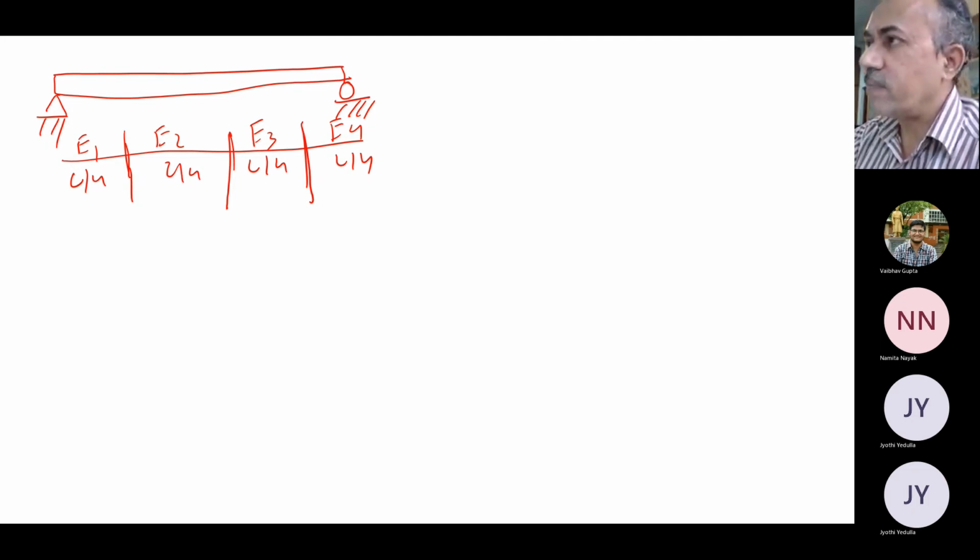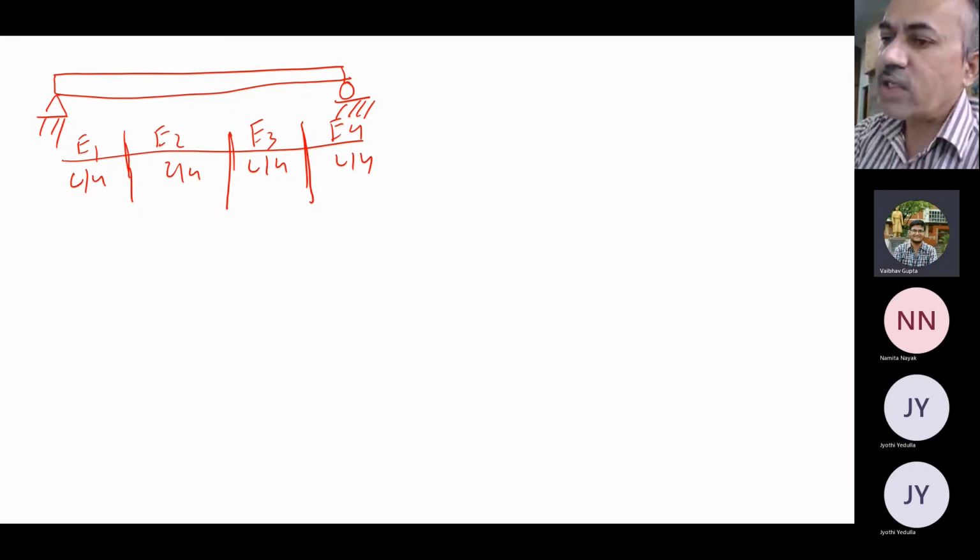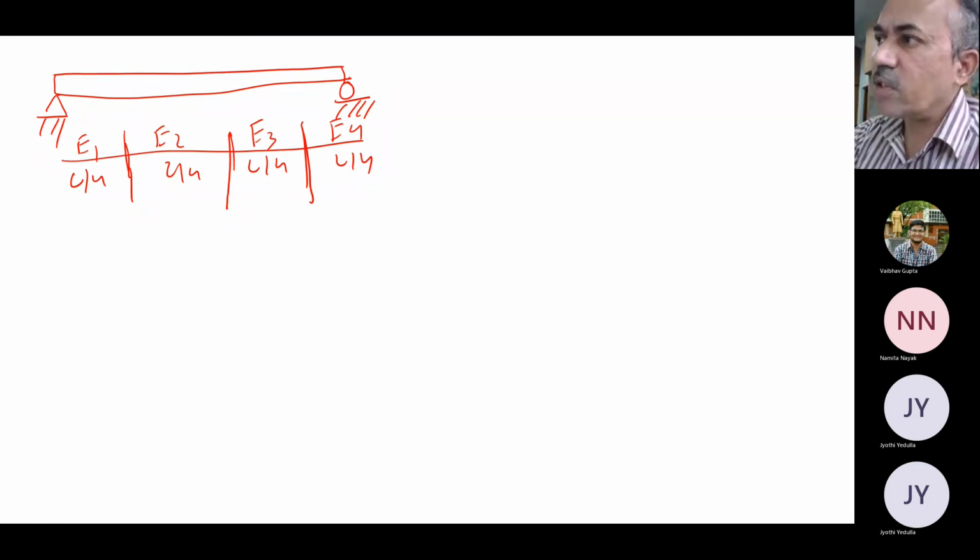They all will be same or different? Uncorrelated. Then if they are random variables, what will be the Young's modulus in this portion of the beam, this portion, this portion? Will it be same or different if it is a random variable? It's different.